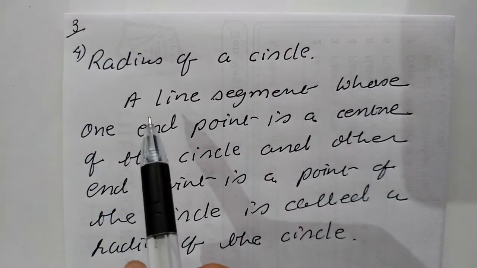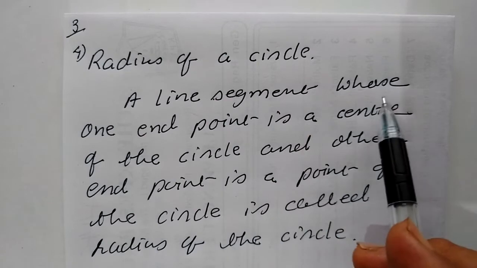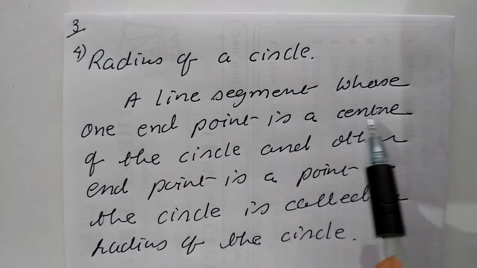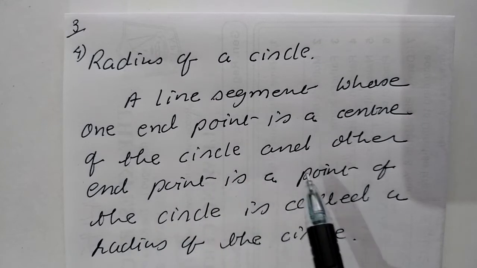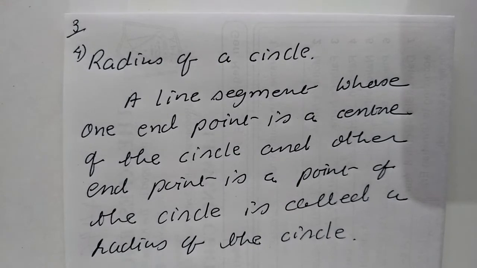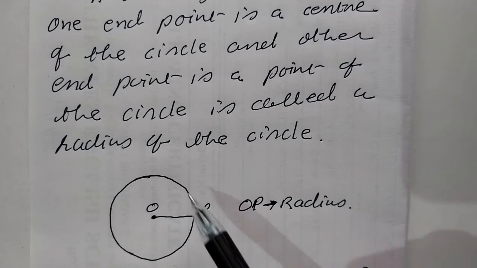Radius of a circle. A line segment whose one endpoint is the center of the circle and the other endpoint is a point on the circle is called a radius of the circle. Now children, let us understand.